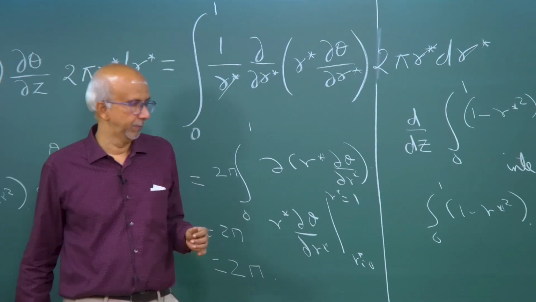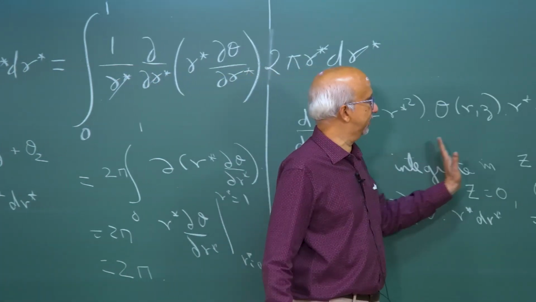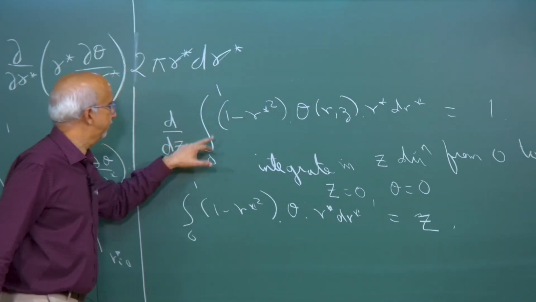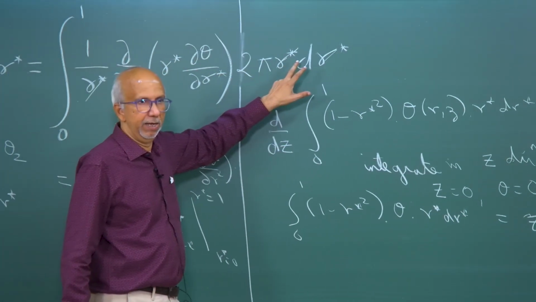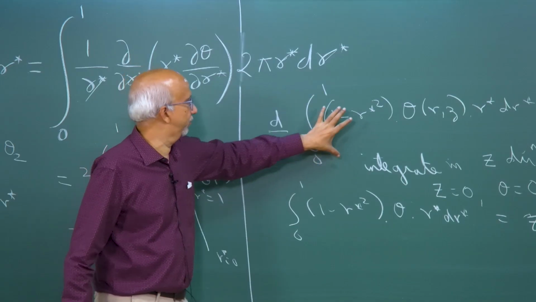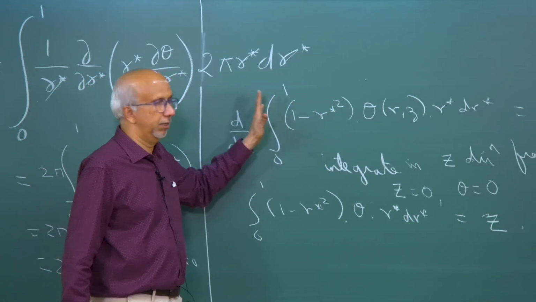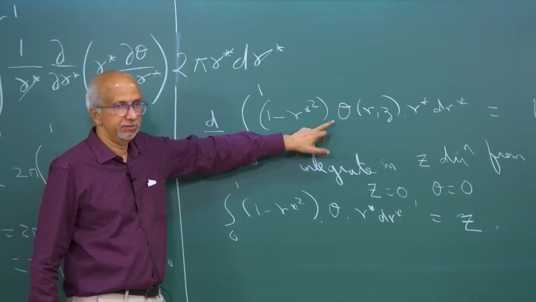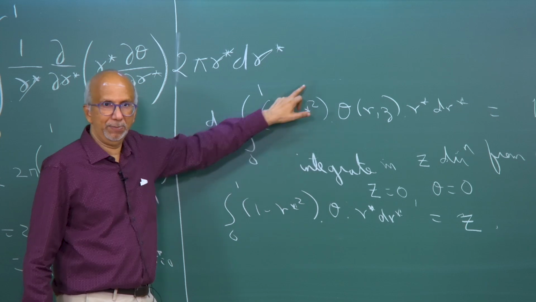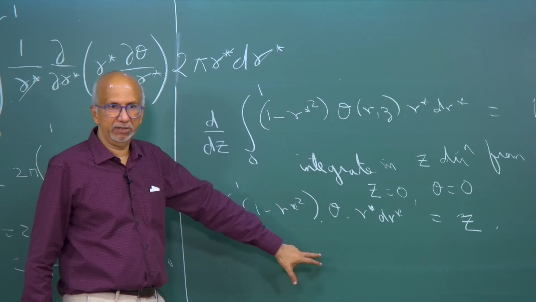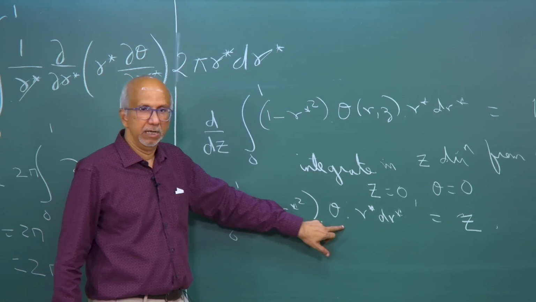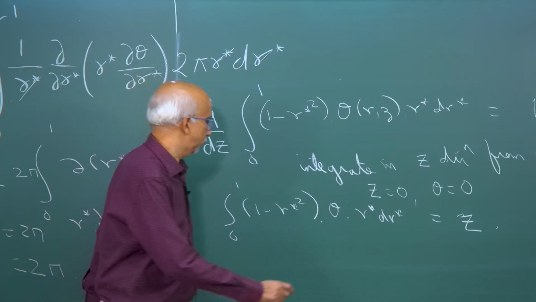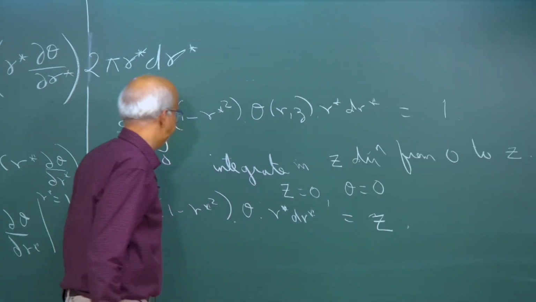What I have done is I have just taken the dz to that side, integrated, and I get z. The only thing that is changing is this is going to be a function of z. So, z at 0 to z at z, z at 0 is 0. So, lower limit is 0, upper limit is theta. I have not written one more term because that term will be evaluated at theta equal to 0. Is this clear? So, basically this is what I get.